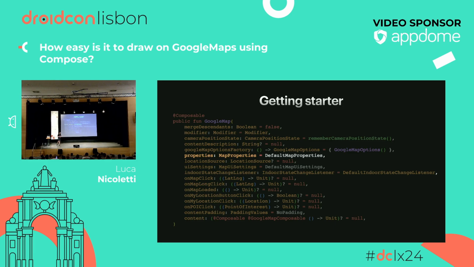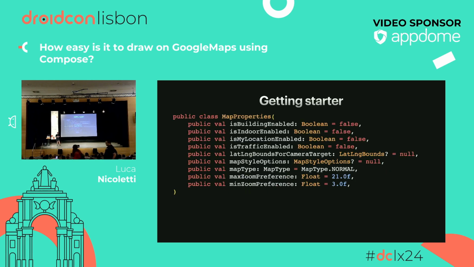And that's done with the properties, which is an object, map properties, and the UI settings, another object, map UI settings.